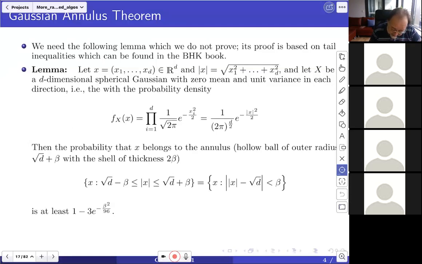What we saw is that, and this time we take unit variance in each direction. So this is the probability distribution because it's independent draws, so it's just the product of Gaussian probability densities. So what did I tell you? I told you that if you draw such a vector, its length will be, with high probability, just square root of the dimensionality.